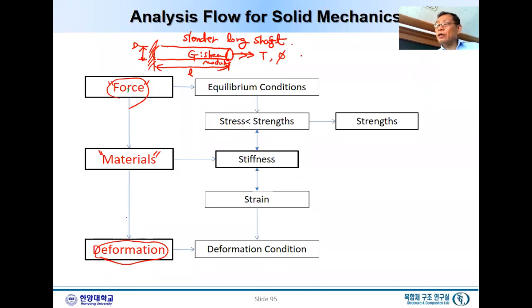We will have a certain rotational angle, and to get to this relation, T will have a relation with the angle of twist phi. To do so, first we need to consider the equilibrium condition, and also the deformation condition, which is very important in this torsional theory.